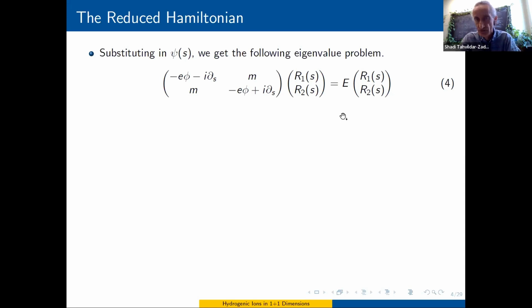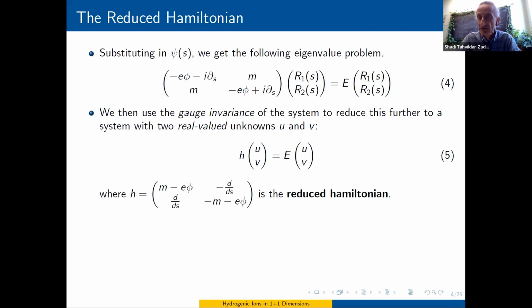The object is to find the real values E for which this equation will hold for some functions R1 and R2. Now, R1 and R2 are each complex, so it looks like we have 4 real degrees of freedom here, because each complex function is 2 real-valued functions. But now we can use something called the gauge invariance of these equations to reduce the number of unknowns.